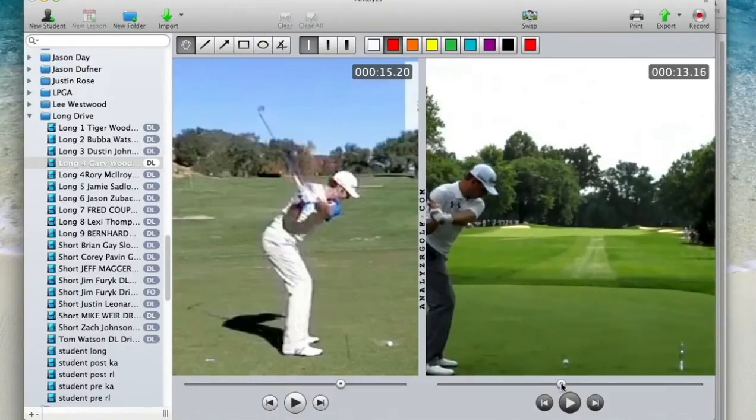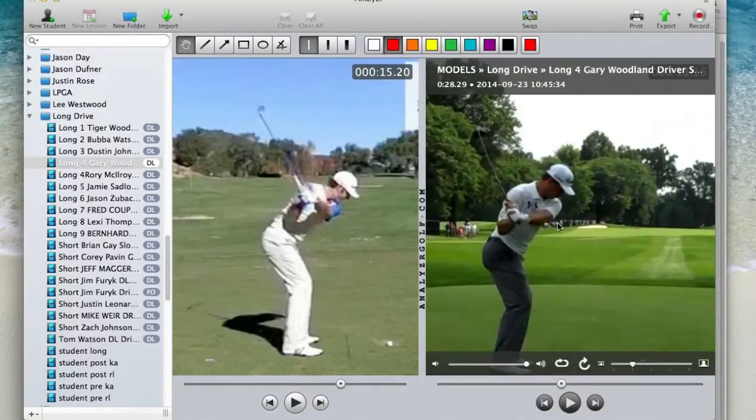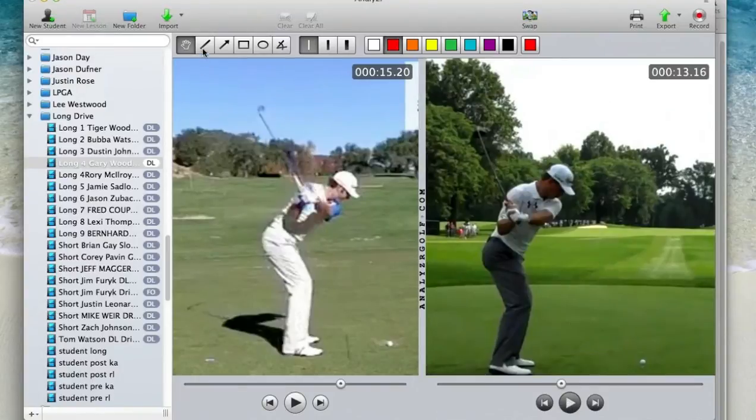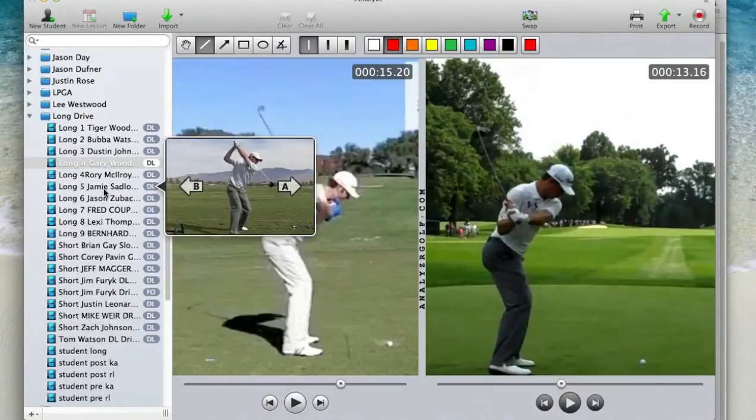So right between those two frames is where his lower body is getting parallel. And you can see that's again right about when that left arm is parallel to the ground. So those are some examples of the long guys as far as the PGA Tour.